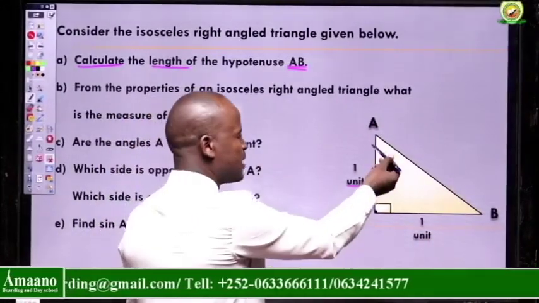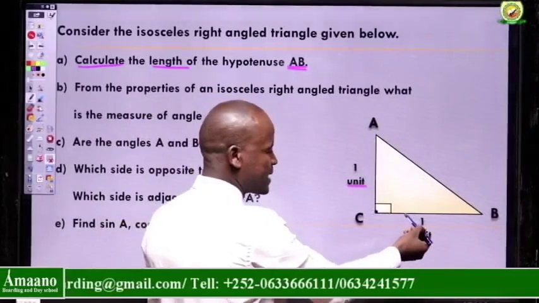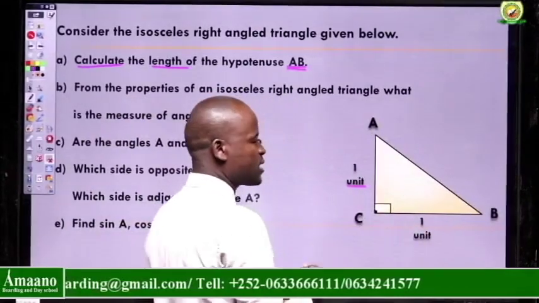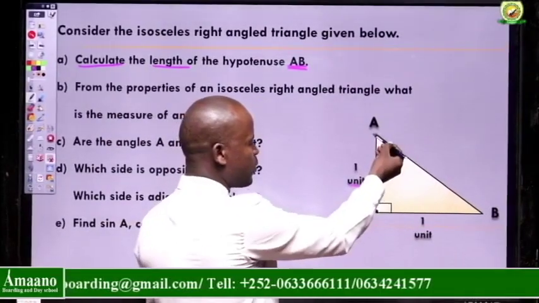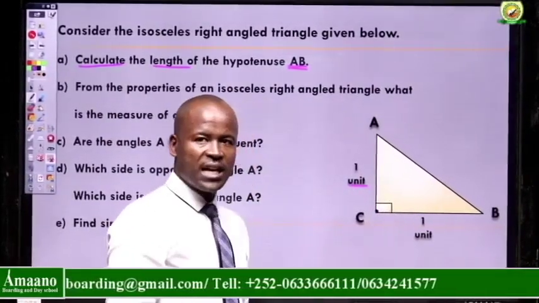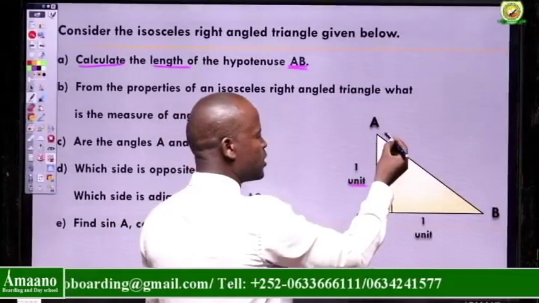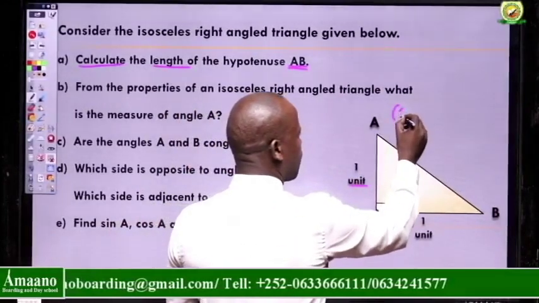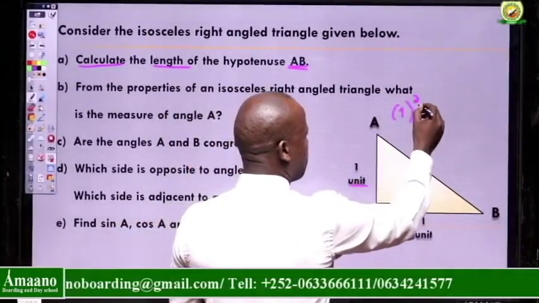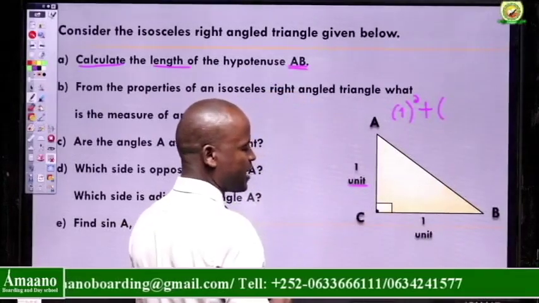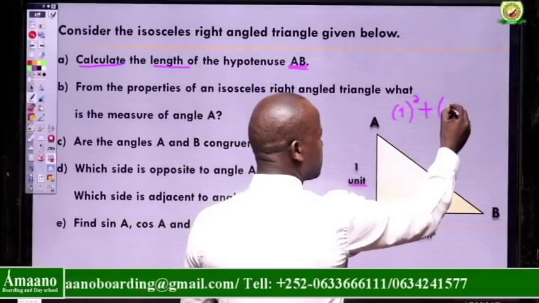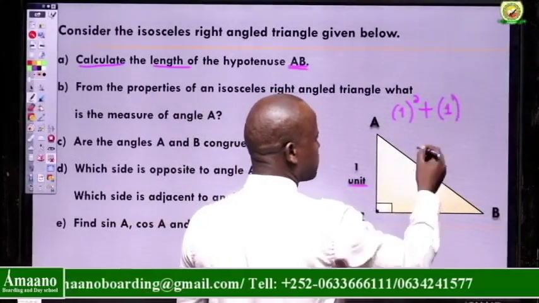It says the sum of the squares of the two legs is equal to the square of the hypotenuse, or the square of the longest side. Now here we have AC, one of the legs, given by 1 unit. So square it: 1 squared plus the other leg, again 1 unit, squared, which is equal to the square of the hypotenuse, AB. The unit can be in centimeter or meter.